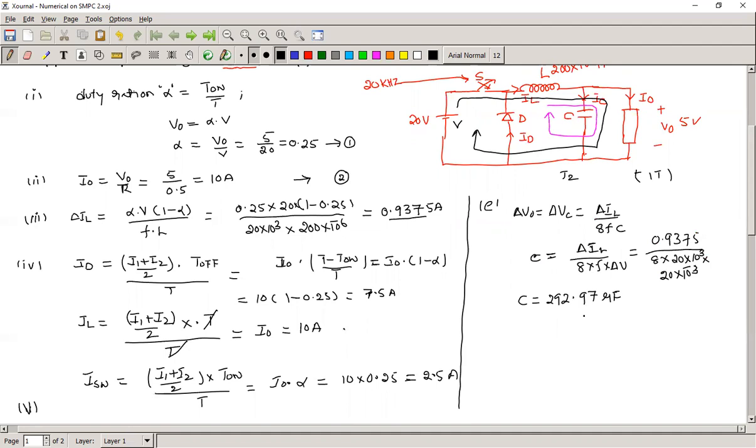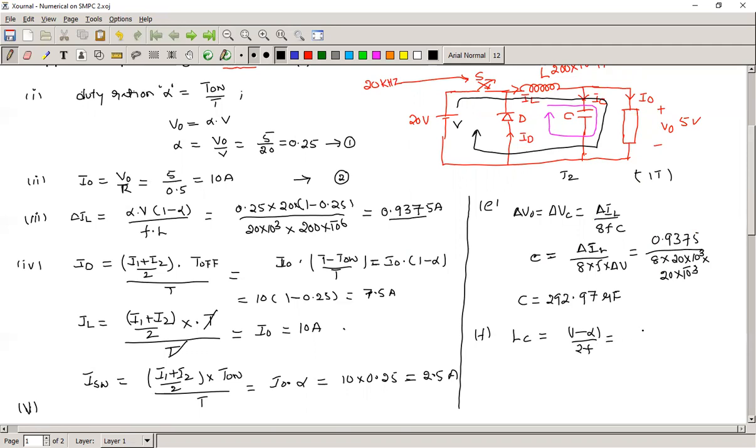Okay. Now, the last parameter is the critical value of inductance and capacitance. That is the F parameter. We know the formula for the critical inductance, already we derived this one. LC equals 1 minus alpha divided by 2F.